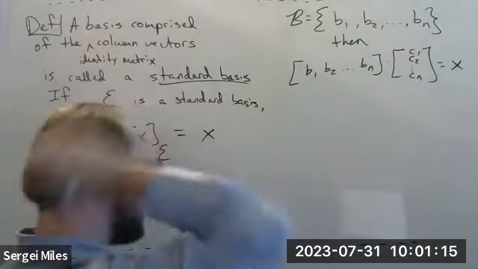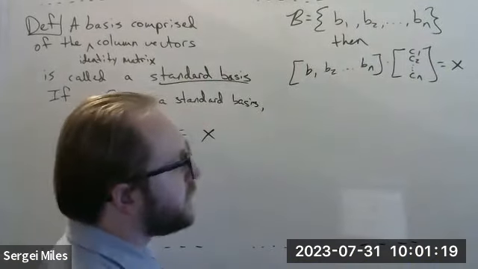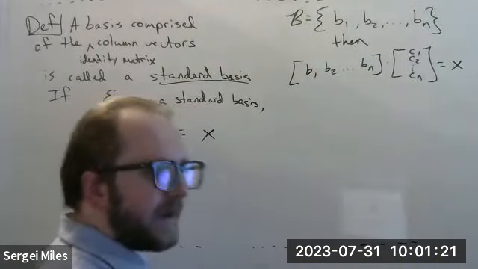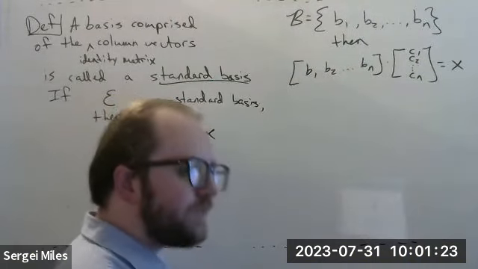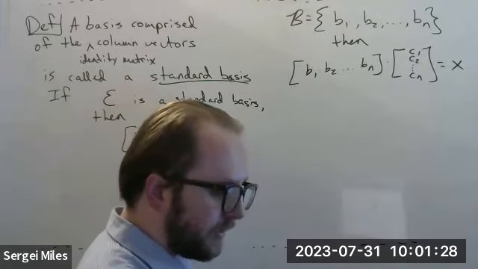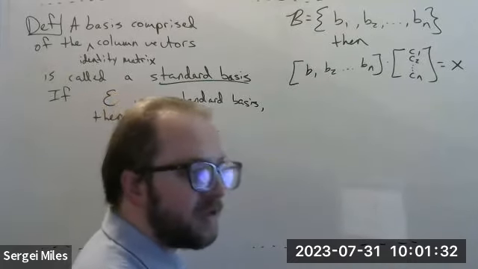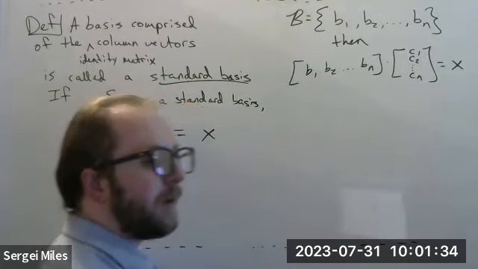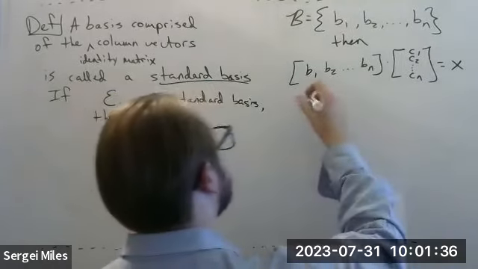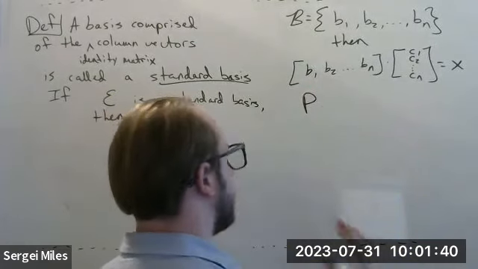Now, the textbook does introduce some notation here. And at first, this notation might be a little bit weird. You might be asking, why are we using this notation? That will become more apparent when we come later into chapter 5. This notation is going to be very useful for some other things we're going to do. But for now, let's just go with it, and we'll see later in the course why this notation is helpful.